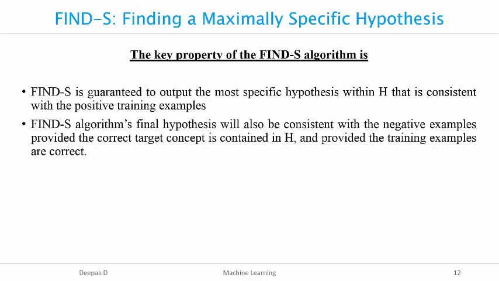The second property is that Find-S algorithm's final hypothesis will also be consistent with the negative examples, provided the correct target concept is contained in the hypothesis space and provided the training examples are correct. So these are the two key properties of Find-S algorithm.